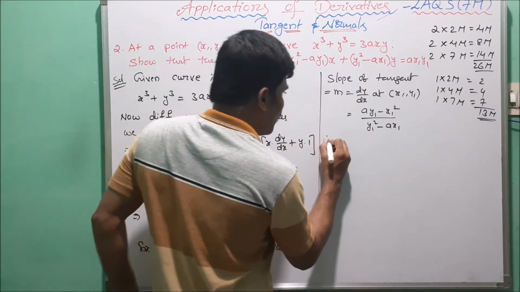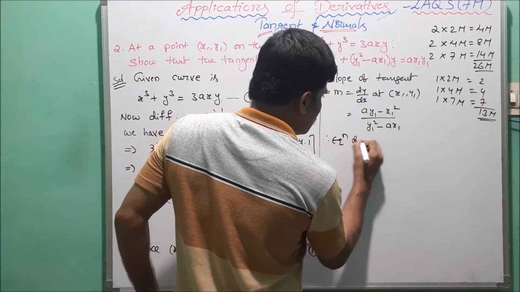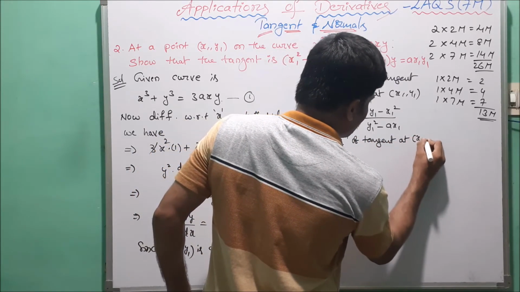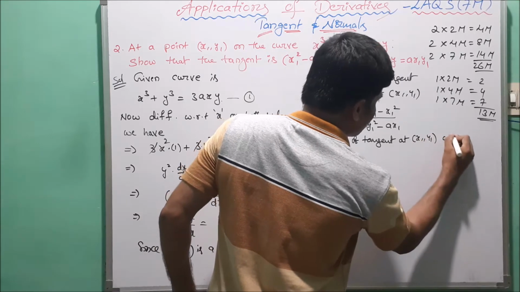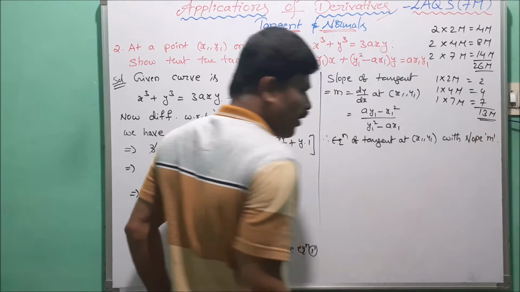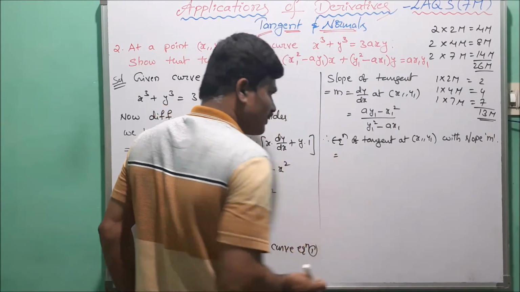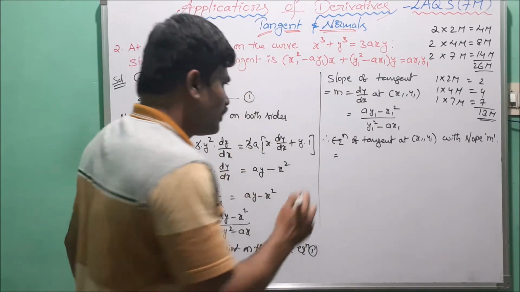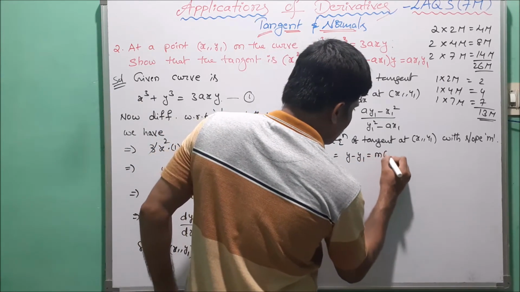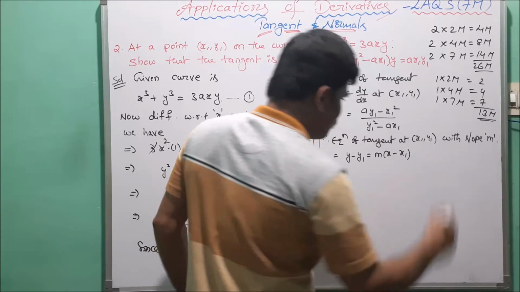Now here to find equation of tangent. Equation of tangent at the point x1 y1 with slope m. Now point slope formula, the straight line can be taken as y minus y1 equal to m into x minus x1.